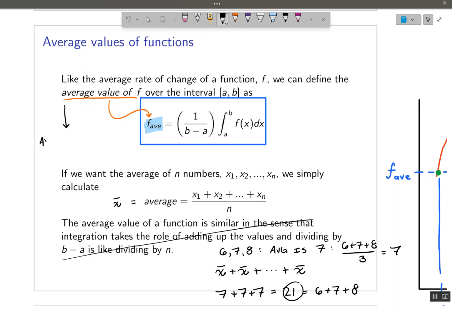The way we want to think about the average value is the average height of the rectangles in our Riemann sum.